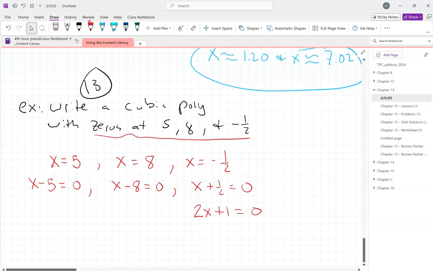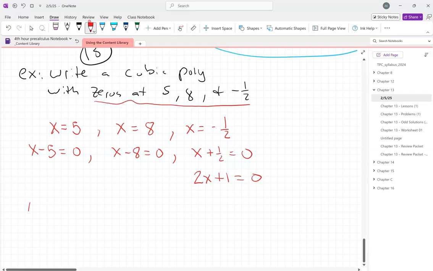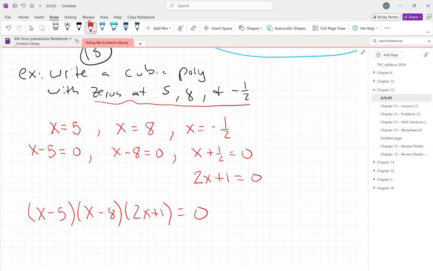Now what I'm going to do is multiply these 3 equations together. Since all 3 of these equations were equal to 0, the product of those 3 equations has to also equal 0, right?